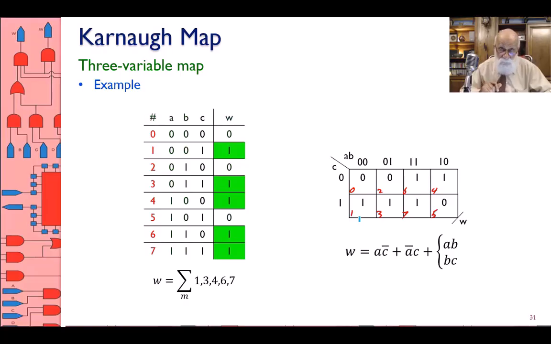Let's look for prime implicants. By the way, if you want implicants, fine. You have this implicant, implicant, implicant, implicant, implicant. And then prime implicant, prime implicant, prime implicant, prime implicant, which is also an implicant. I don't want that. I will start with prime implicants.